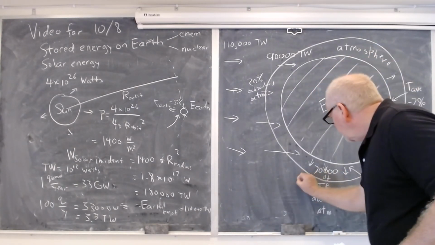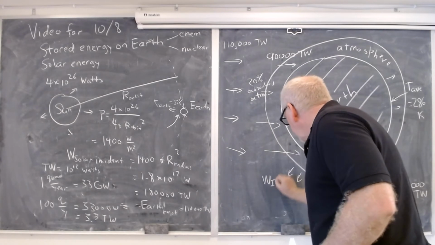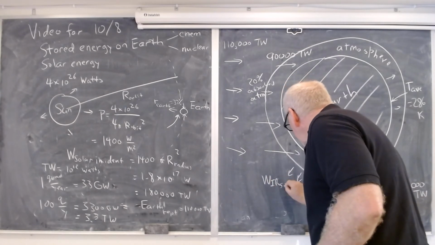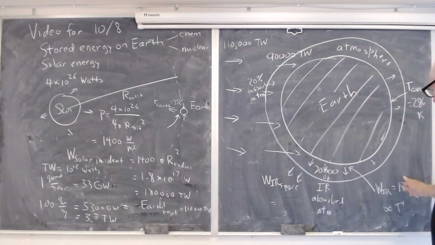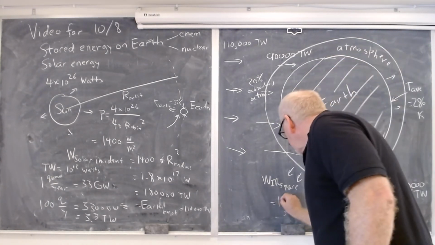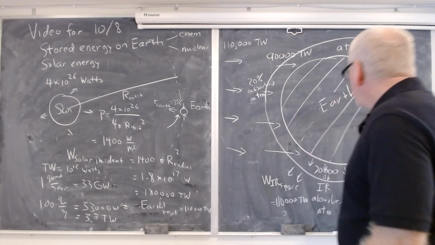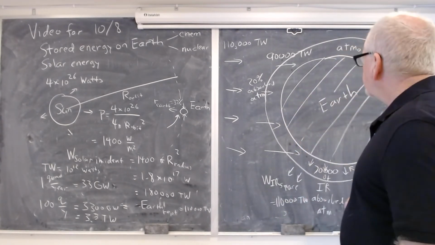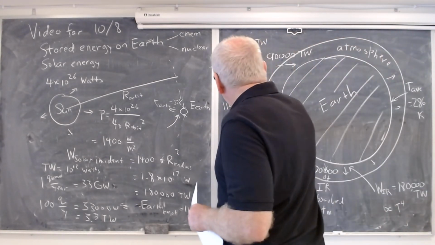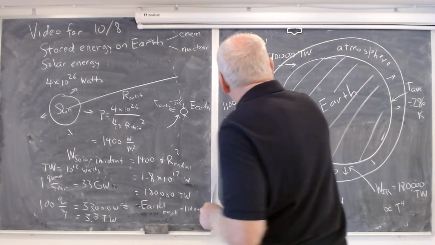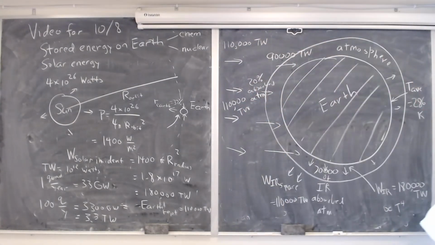So, the IR into space is equal to 180,000 minus 70,000, 110,000 terawatts. And that matches the 110,000 that is incident upon the Earth as solar radiation.